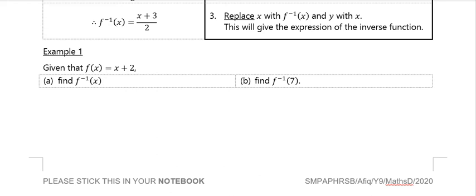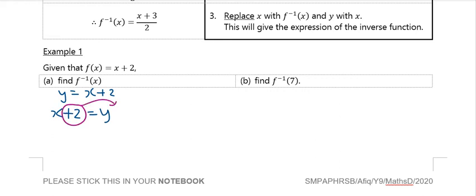Example 1, given that f of x equals x plus 2, you have to find the inverse function of x. As you know just now, you have to make f of x equal to y, and then it is equal to this. Later you have to make x the subject. So I will flip this one: x plus 2 equals y, and I will make x my subject.